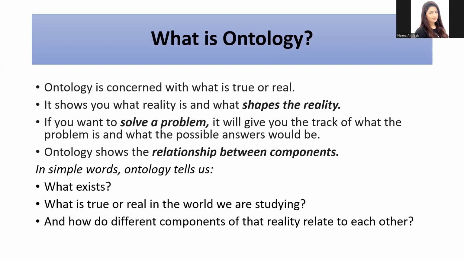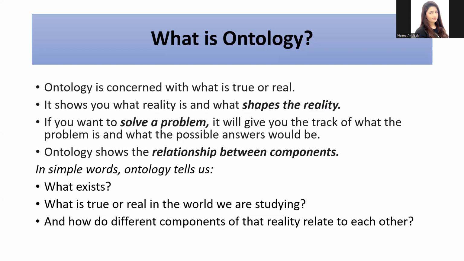What is the problem? A behavioral problem exists in employees: the lack of motivation in employees. Lack of motivation is the problem. Then we need to find out the answers according to this. Ontology shows the relationship between components.